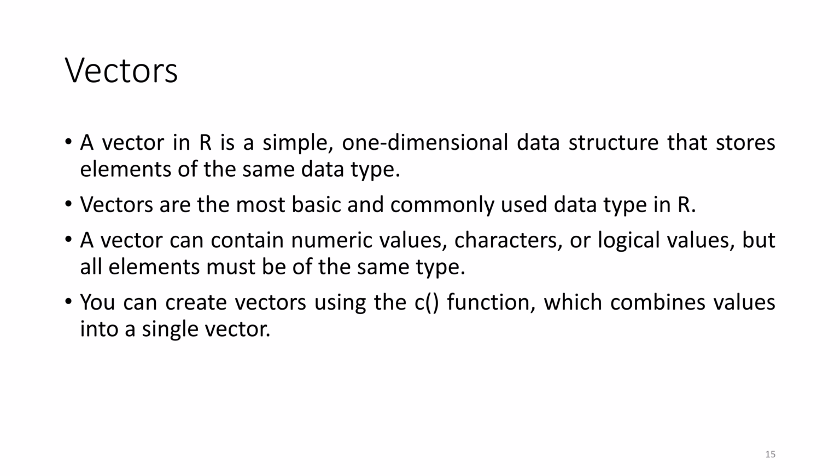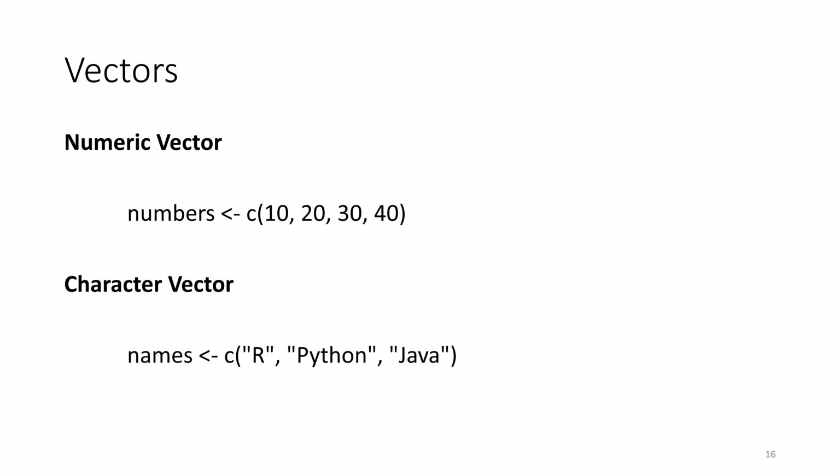For example, names = c("R", "Python", "Java") creates a vector with 3 character strings.